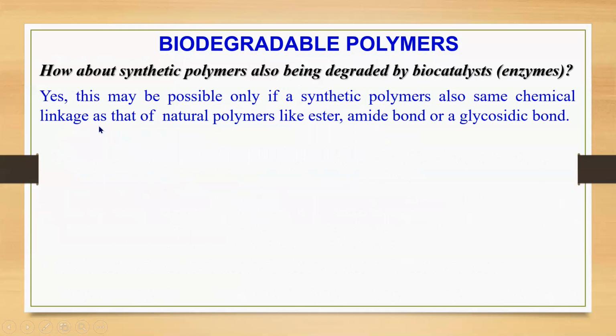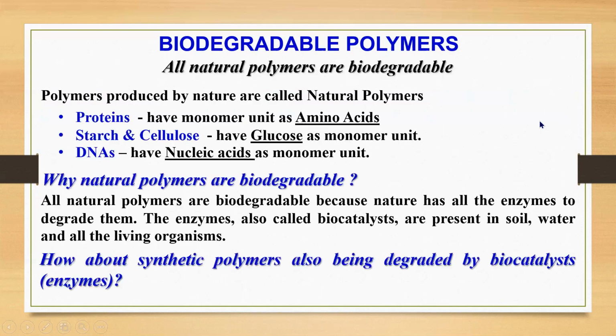Yes, this may be possible only if a synthetic polymer also has the same chemical linkage as that of natural polymers, like esters or amide or a glycosidic bond. Let me go back and tell you that proteins have an amide bond, which we normally call a peptide bond, and starch and cellulose have a glycosidic linkage.